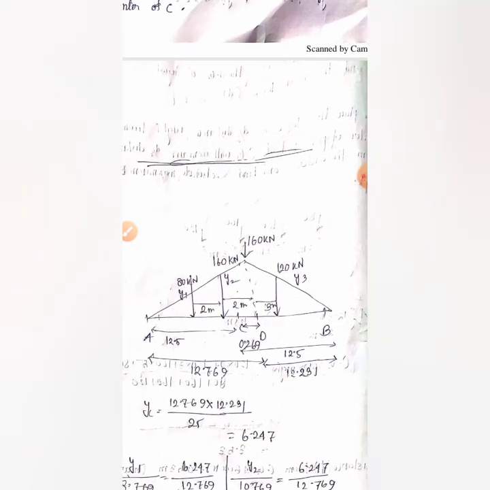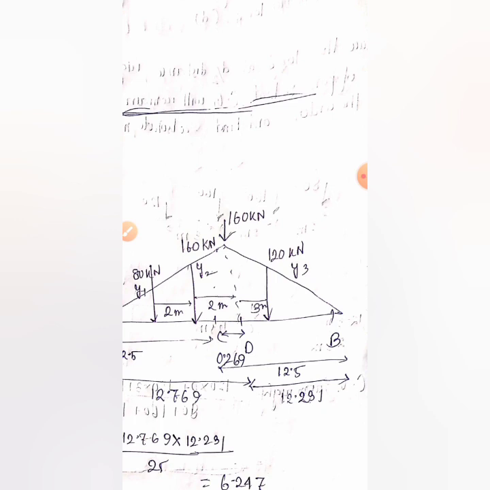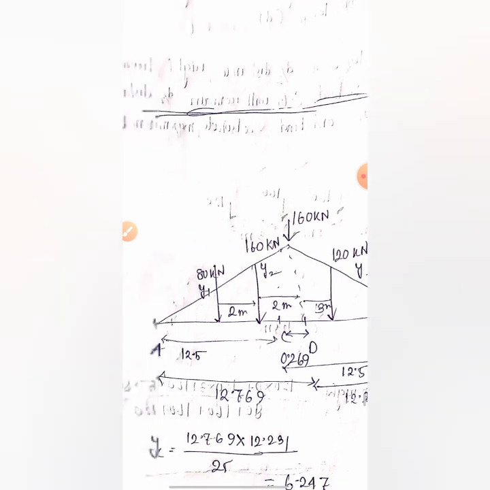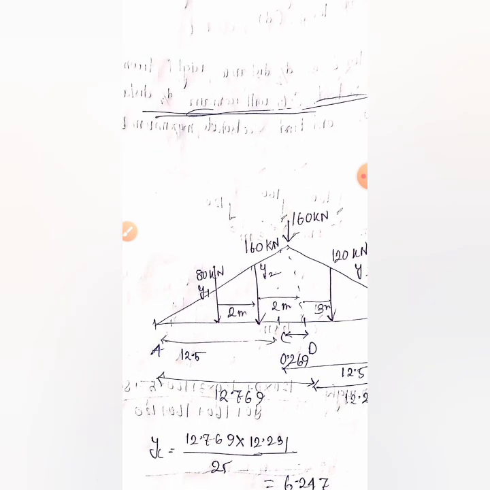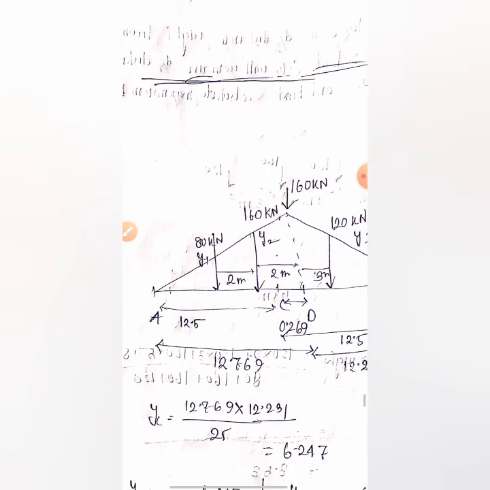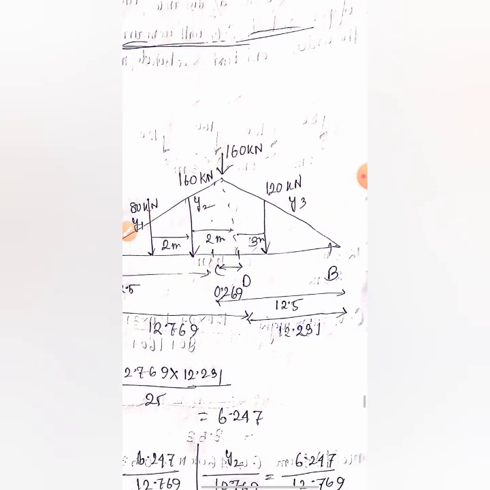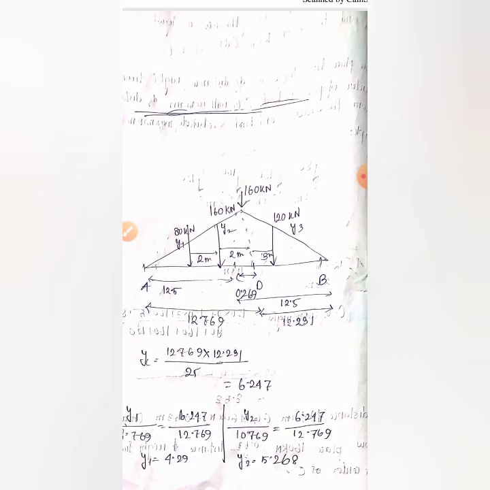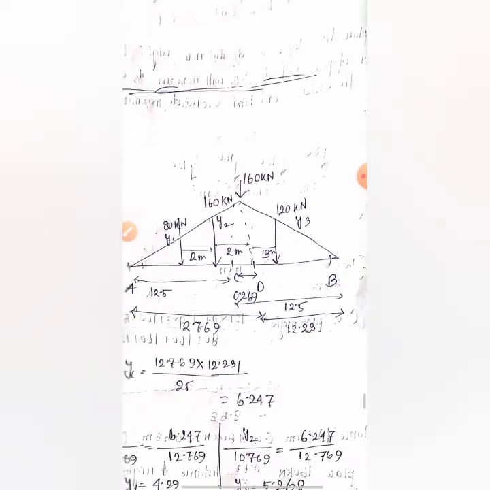It is 0.269 distance from the section C, and from left support A it is 12.5 plus 0.269, so the distance is coming 12.769. So A is 12.769, and B is 25 minus 12.769, that is 12.231. It is a basic calculation part of this question.